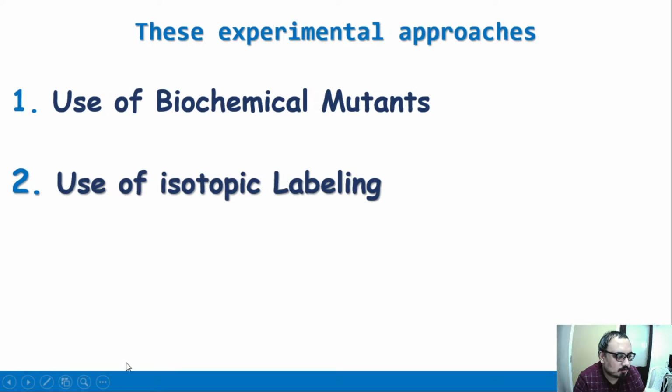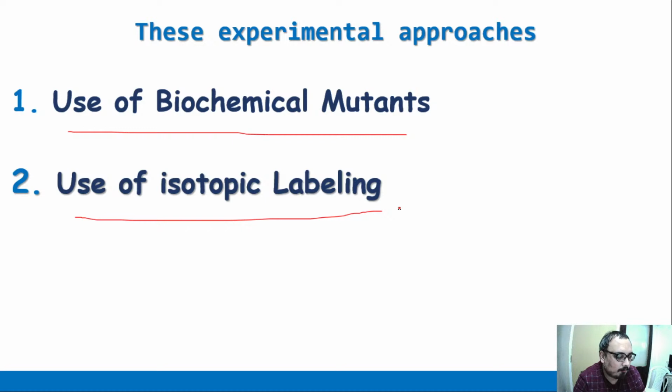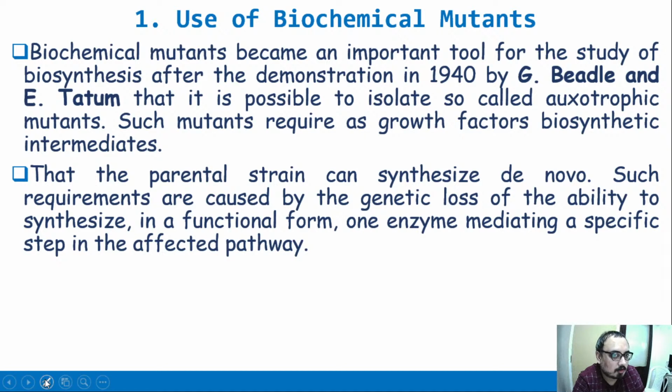One is the use of biochemical mutants, and another is the use of isotopic labeling. Okay, use of biochemical mutants. In order to start with the biochemical mutants, this concept came from the study of Beadle and Tatum.